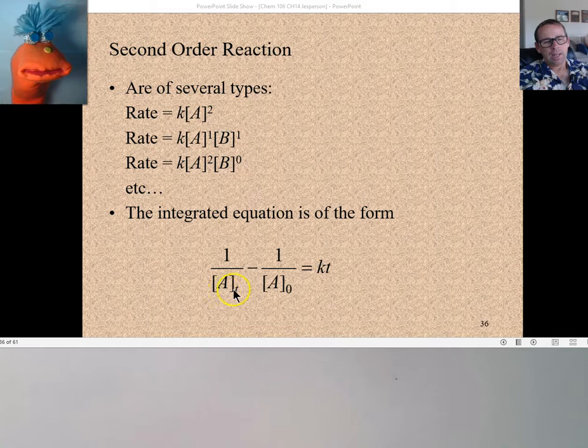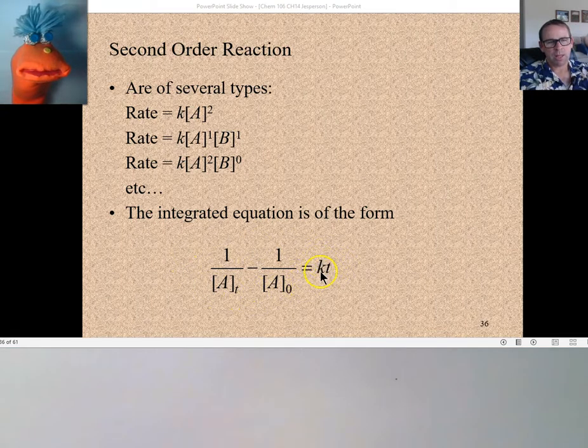Okay? And this is going to be the concentration of A at some given time, this time over here, and this is going to be the initial concentration again. What this basically is telling us is, again, we have a linear relationship.